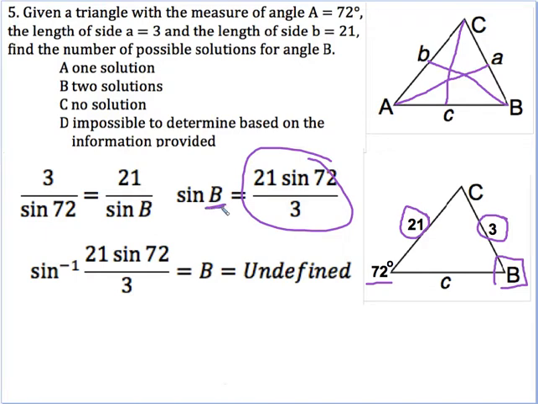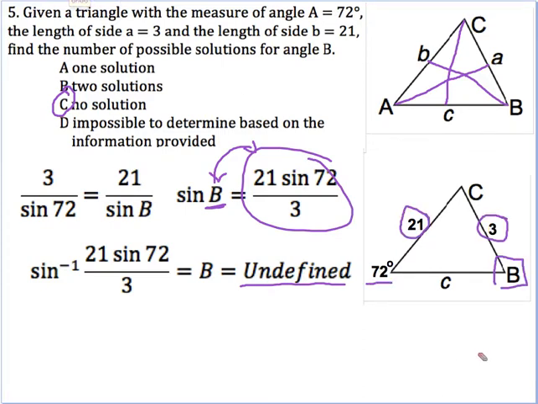I'm looking for B, so I'm going to switch the locations of this and this. So I'm doing inverse sine of this ratio, which will equal my B. When I plug it into the calculator, I get undefined. Okay, so for this situation, I have no solution. There's no possible way to make a triangle with those angles in degrees.